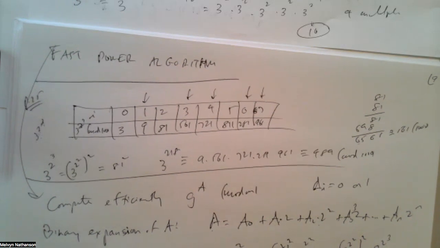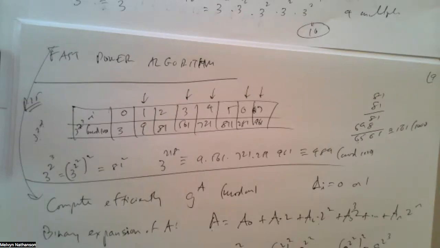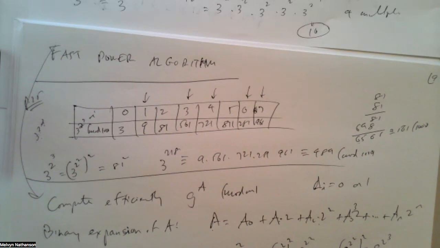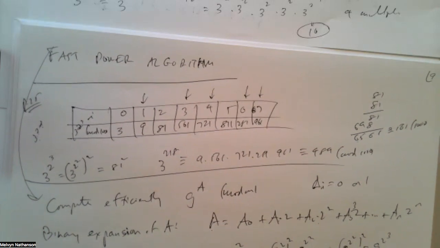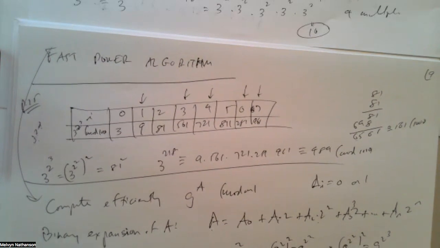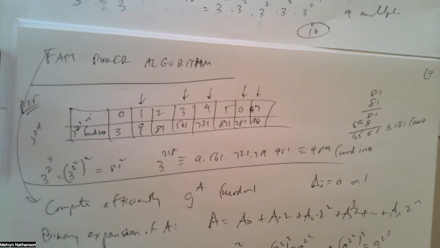Suppose we let a0 be congruent to g, mod n. a1 is going to be a0 squared, which is congruent to g squared, mod n. a2 will be a1 squared, which is congruent to g to the 2 squared, mod n, and so forth.